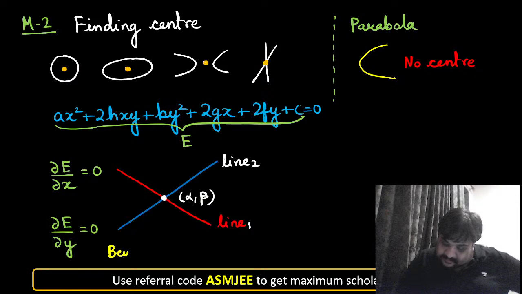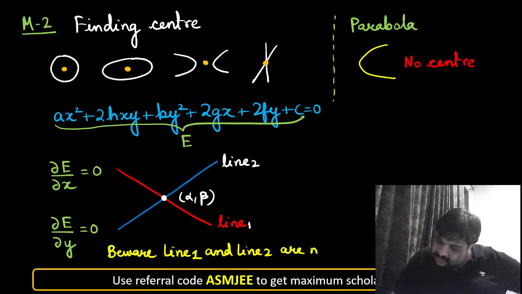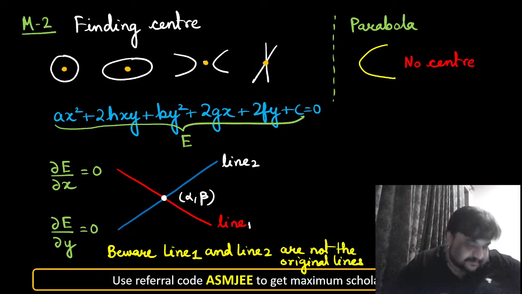Beware: line 1 and line 2 are not the original lines, but their point of intersection still gives the center.